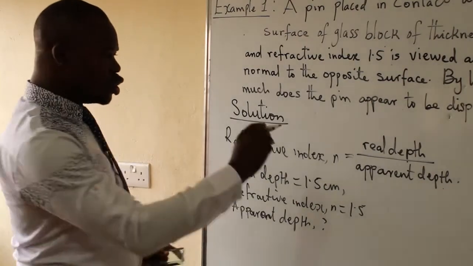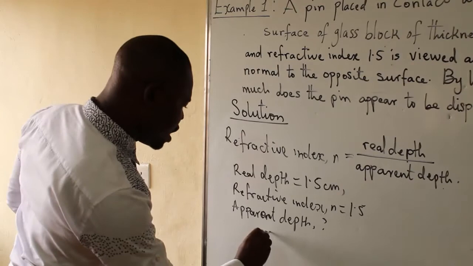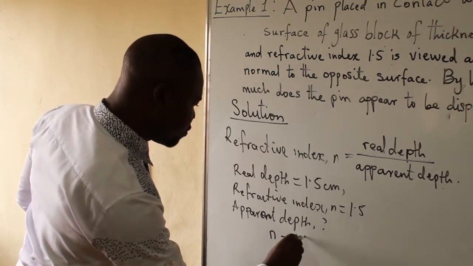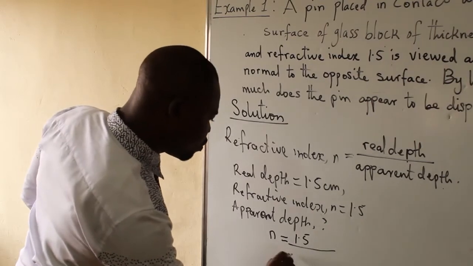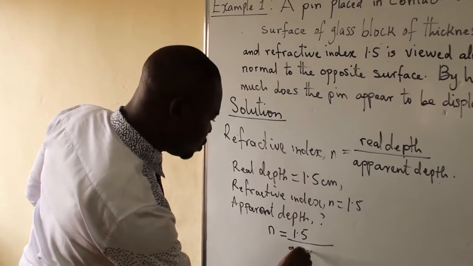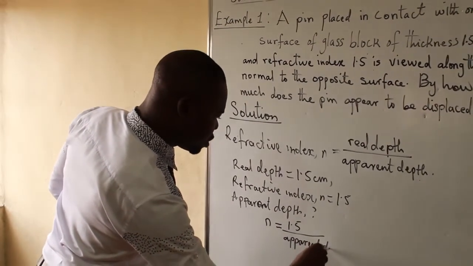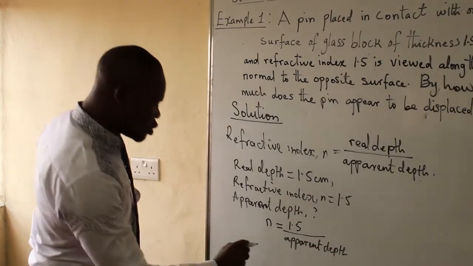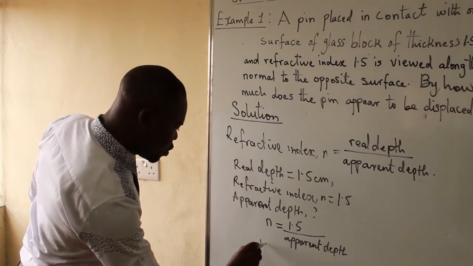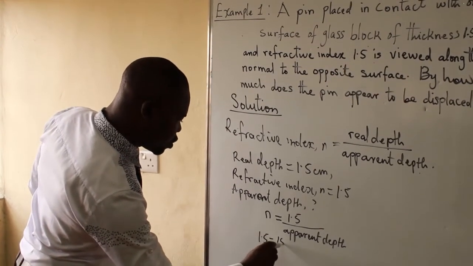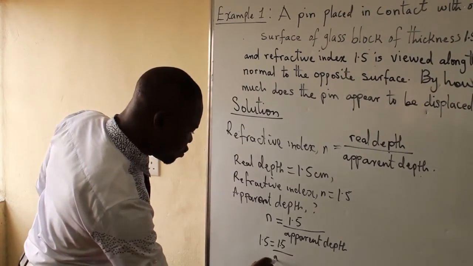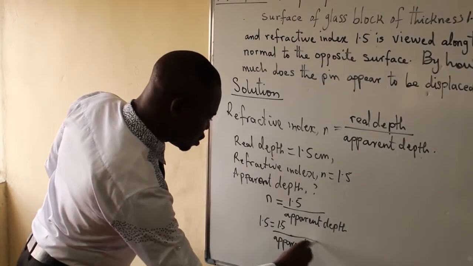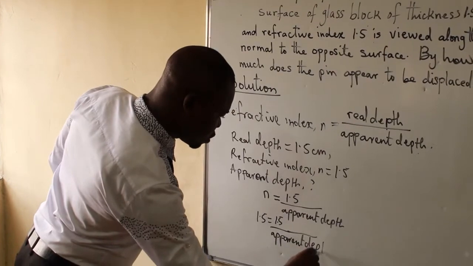So we're not given it. Using that formula, we have N equals the real depth 1.5 all over apparent depth. So if you cross multiply, N is already 1.5. So we have 1.5 over 1.5, everything over apparent depth.